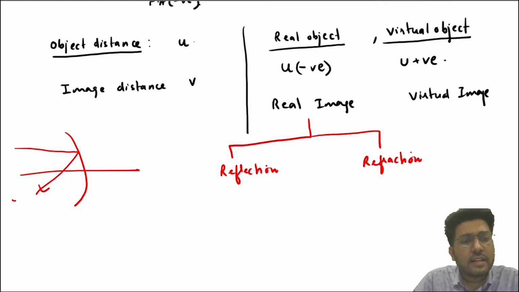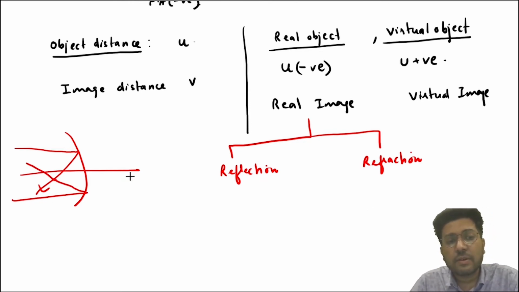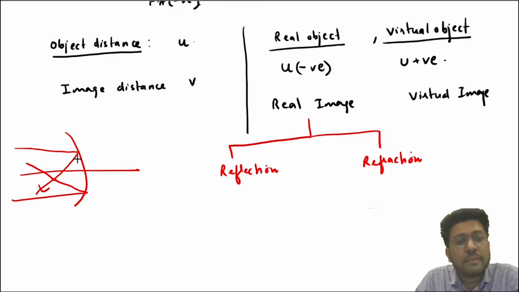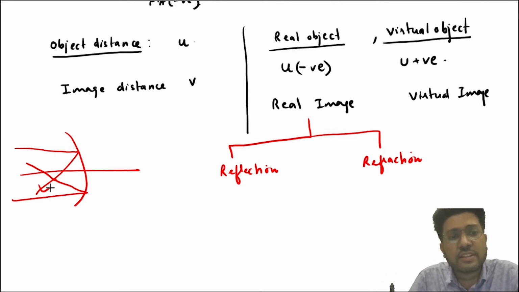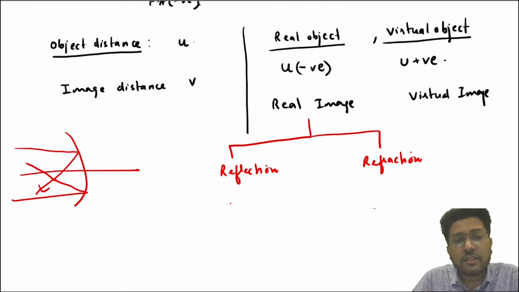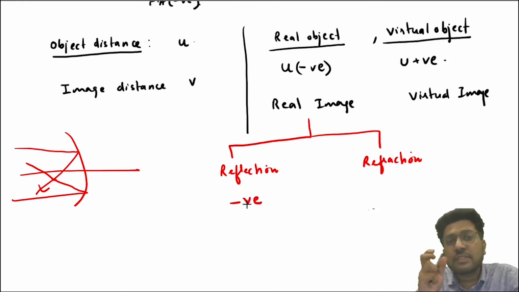And actual intersection can only be in front. Behind there is no actual ray. So actual intersection can only be on the front side in case of reflection. So front distances are negative, right? So for reflection, real image distance is negative.